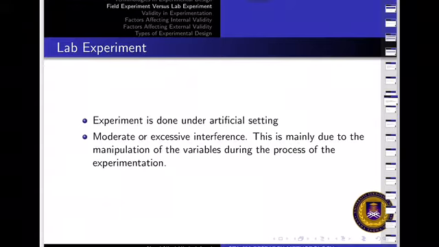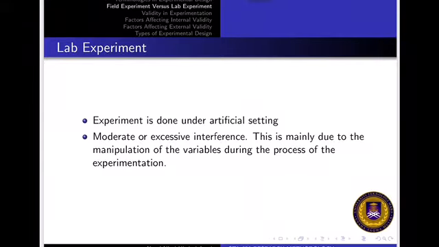So when you decide the factors that cause the relationship between dependent and the independent variable, you do some manipulation. So this is considered as experiment under artificial setting, or this is a lab experiment.